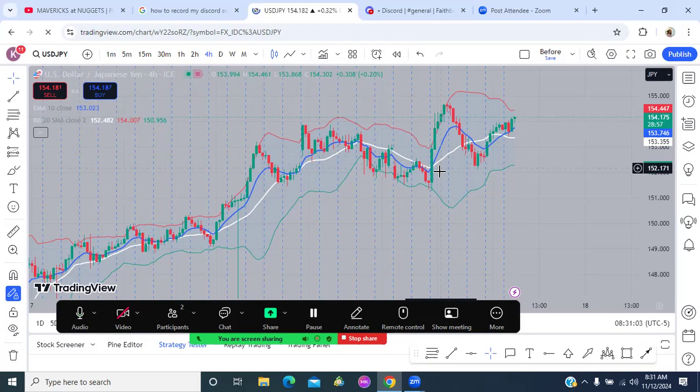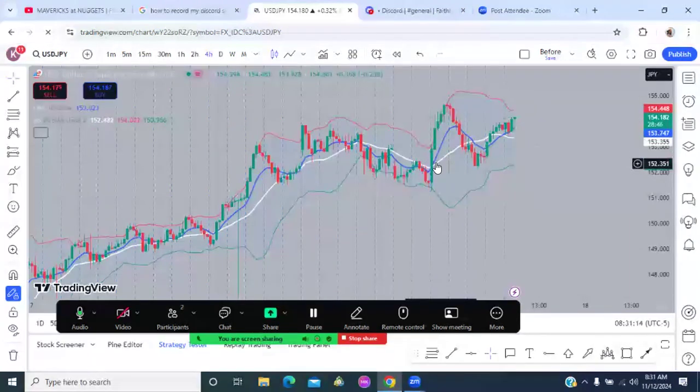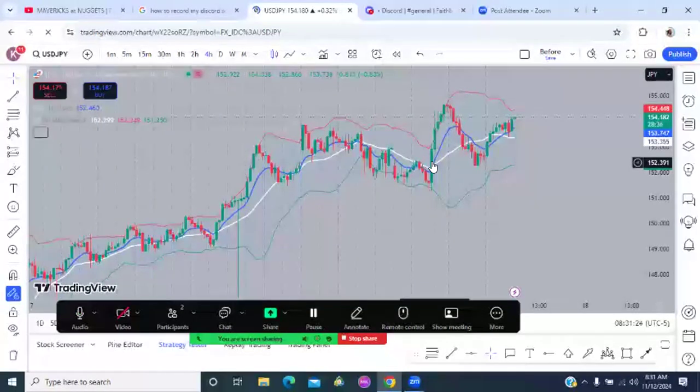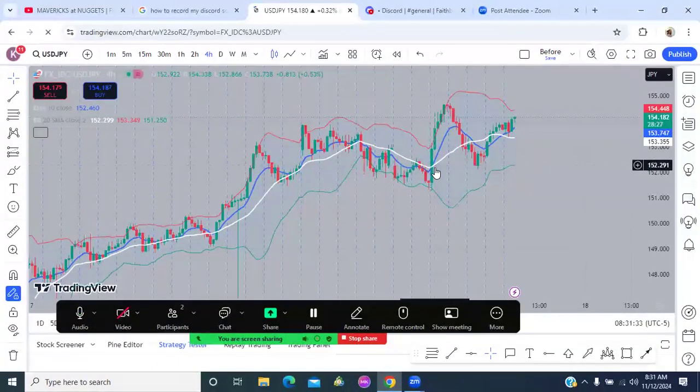Now, the first thing we're going to look for is what's called an EMA cross. Again, the EMA cross is when the blue line, which is an EMA, and the middle Bollinger Band cross, that is the direction that we want to go. Whenever the blue EMA or your 10 EMA crosses over your middle Bollinger Band, that's the direction you want to go.